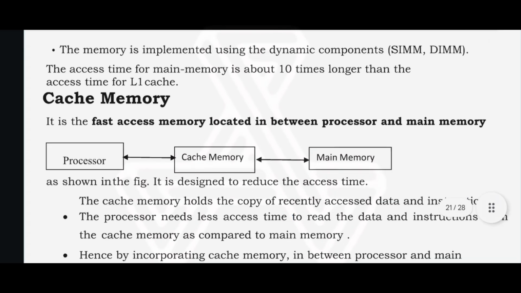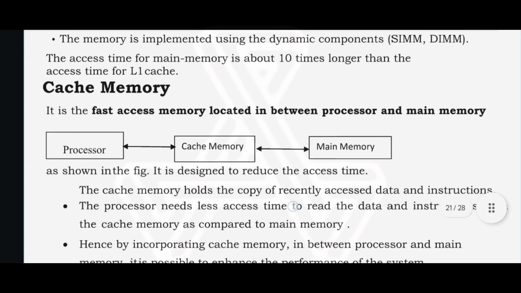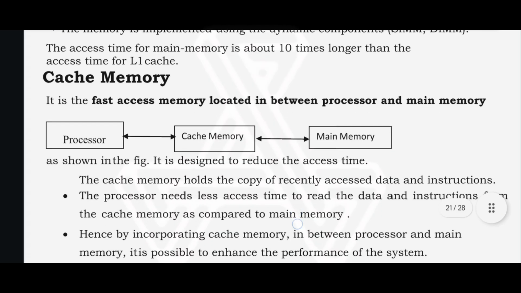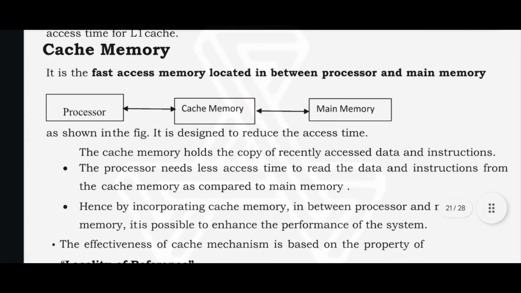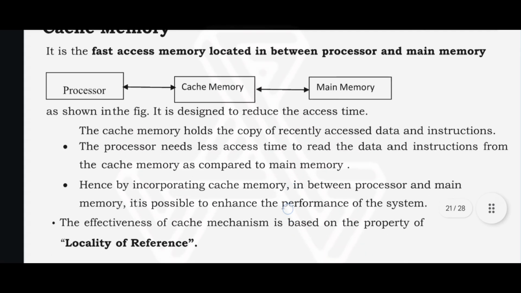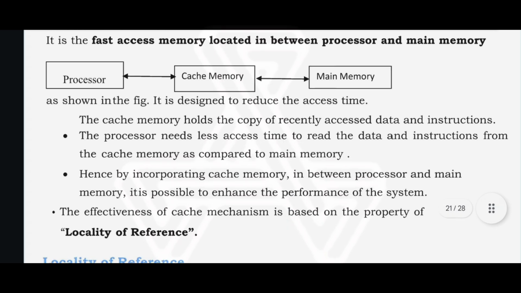Cache memory: it is the fast access memory located in between processor and main memory, processor, cache memory, main memory, as shown in the figure. It is designed to reduce the access time. The cache memory holds the copy of recently accessed data and instruction.